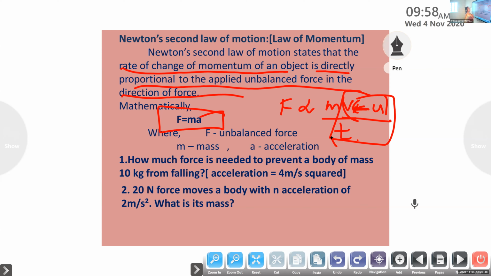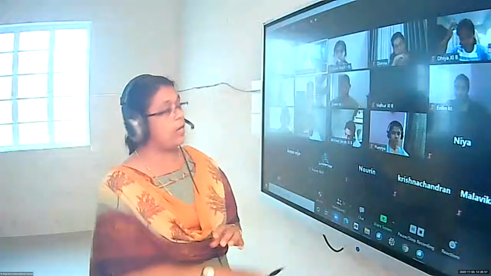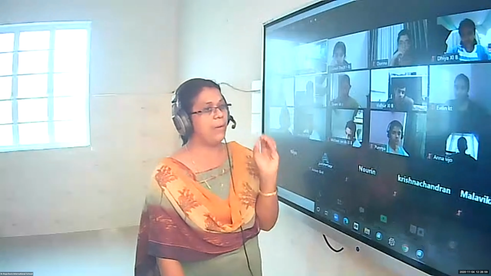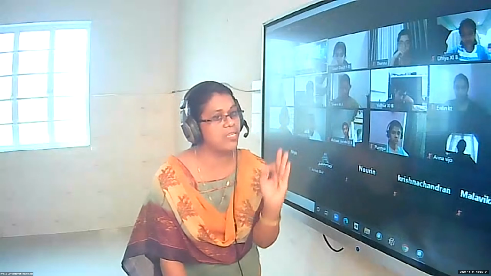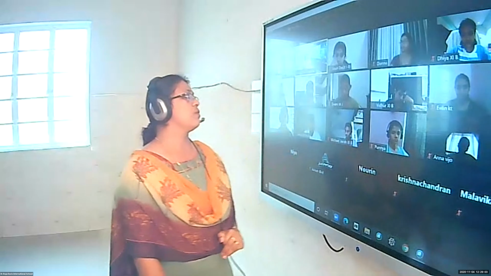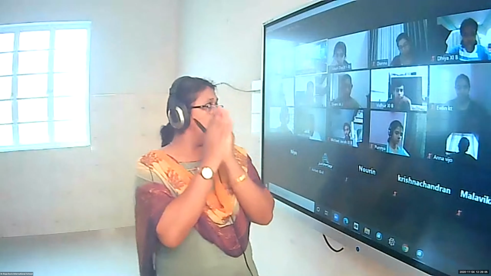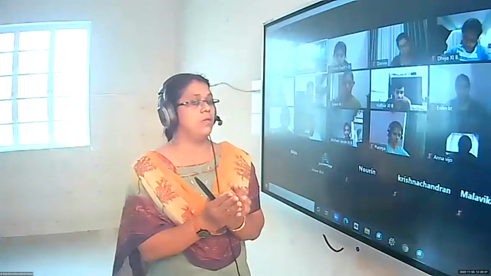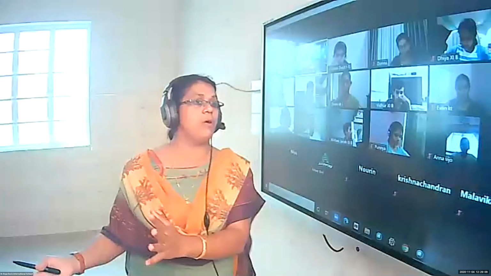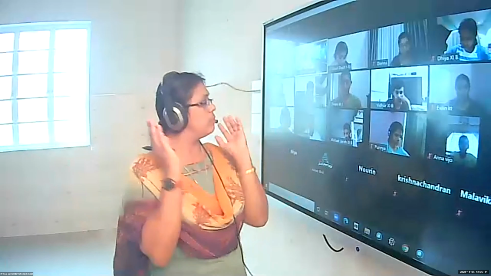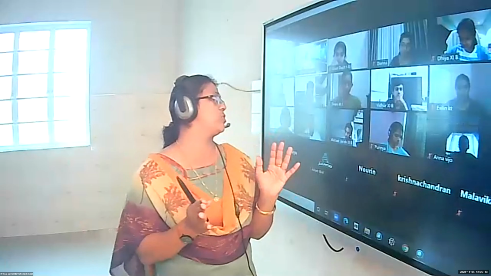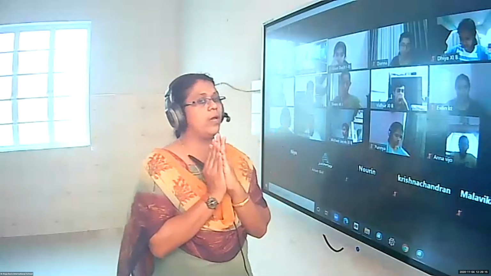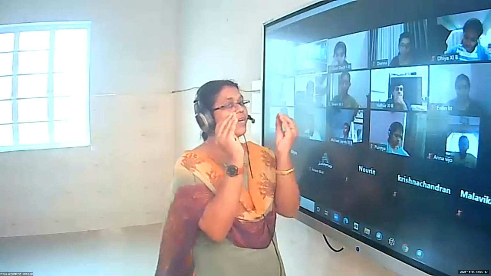And one more condition is there. Newton's second law will be applicable only if mass is constant. If the mass is not constant, then between final momentum and initial momentum, the mass of the object changes; at every time the mass of the object should be constant. Otherwise, Newton's second law is not applicable. So there's a condition for it.